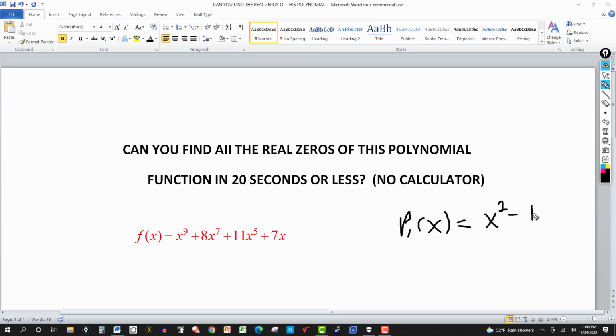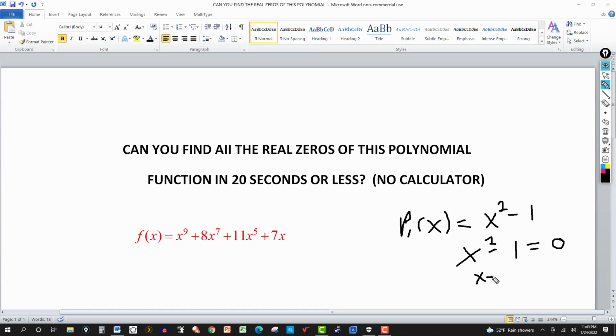The zeros, again, are the values for x, such that if I replace the x by that number, I'm going to get 0. So basically, I want to know when is x squared minus 1 equal to 0. So you're just solving that equation for x.